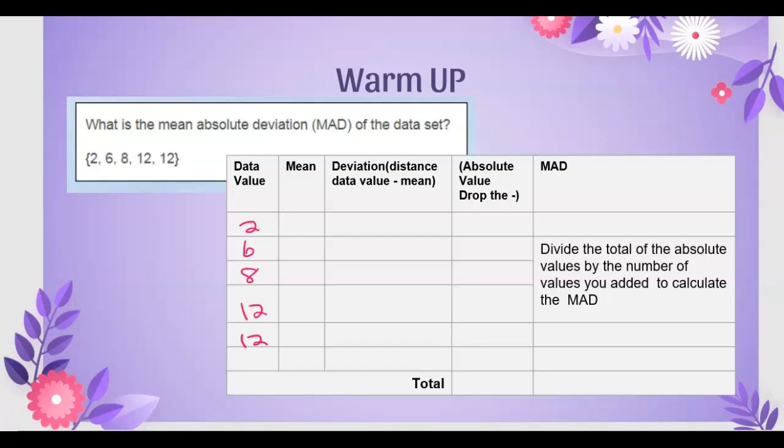If you add those all together, you get 40. You added 5 numbers. Divide that by 5. Your mean is 8 of the whole data set. So that's what you put in this column here. These are all the same values, all 8.